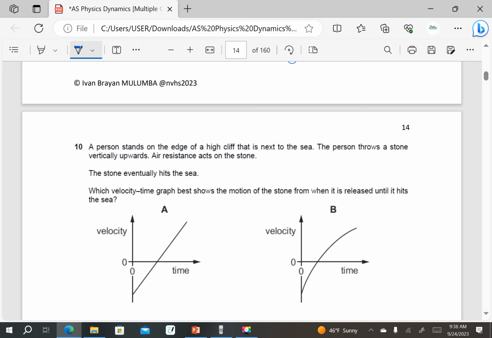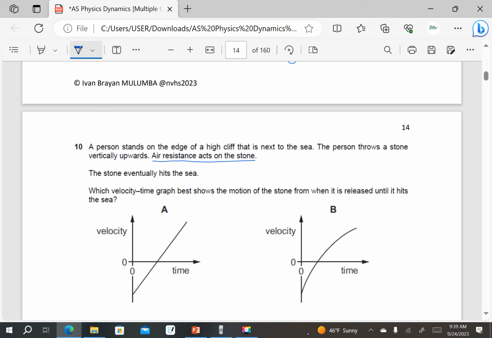A person stands on the sledge on the edge of a high cliff that is next to the sea. The person throws a stone vertically upwards. Air resistance acts on the stone. This is the changing factor. The stone eventually hits the sea. Of course, if air resistance acts, we must reach terminal velocity. We must always remember that.